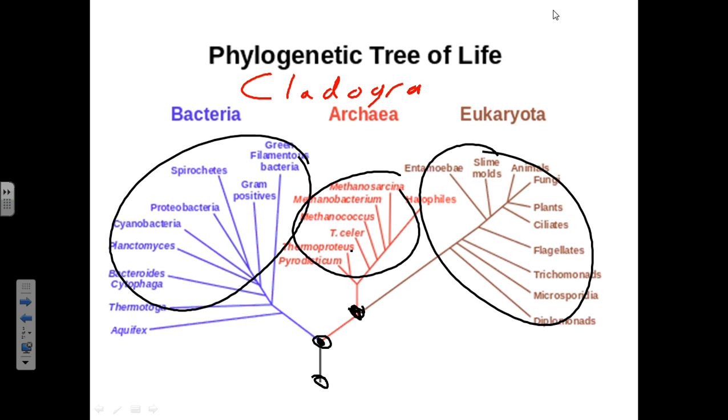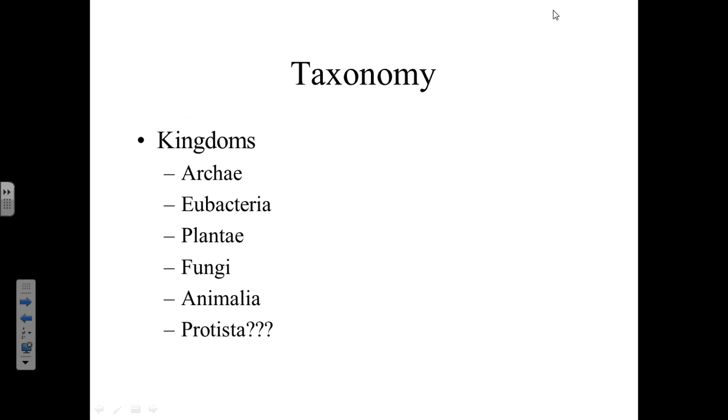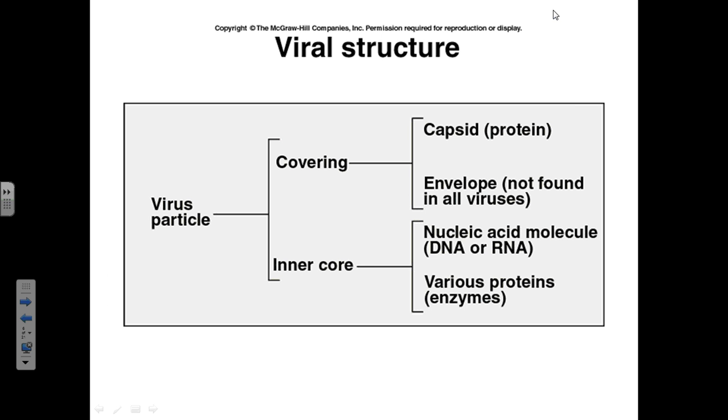I don't know if that's a word I used last time. Because what's a clade? A group. So it's like a graph of groups, is essentially what cladogram means. Graph of groups.